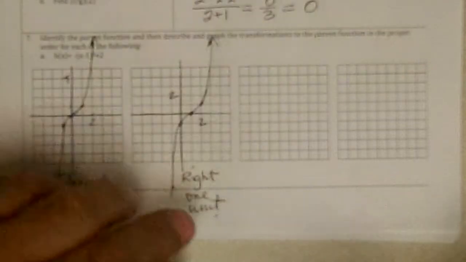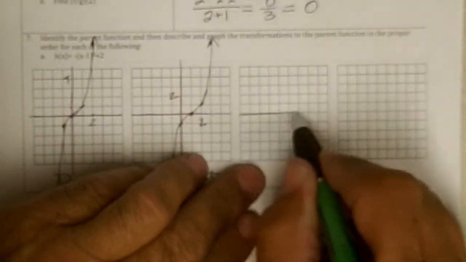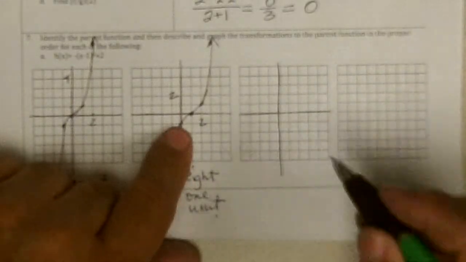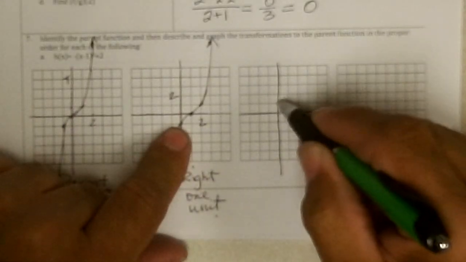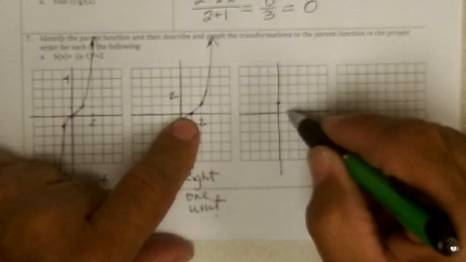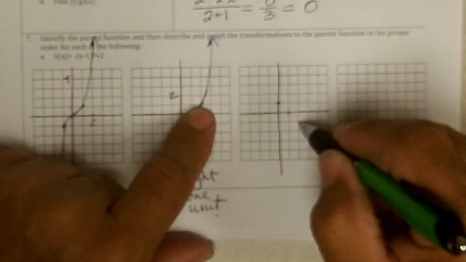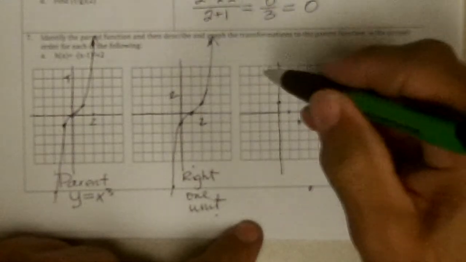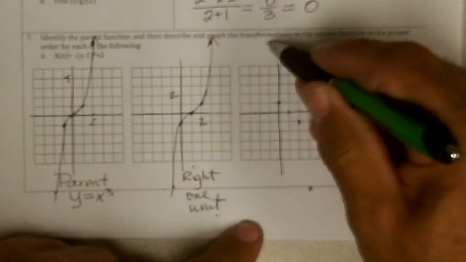Top goes to bottom, bottom goes to the top. So I take the same graph, and every point that's below the x-axis goes above. And if it's on, it stays there. If it's above, it goes below. And so this one that was above by 8 goes down below by 8. And the one that was below by 8 goes above by 8.